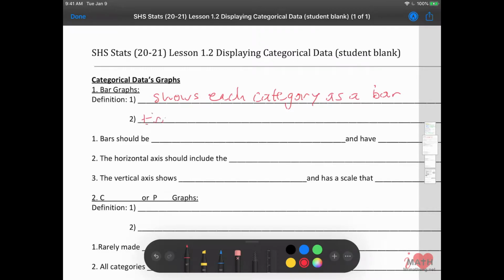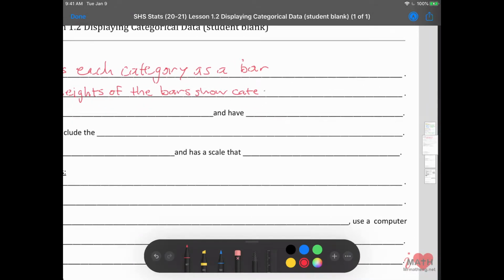And the heights of the bars show categories, frequencies, or relative frequencies.